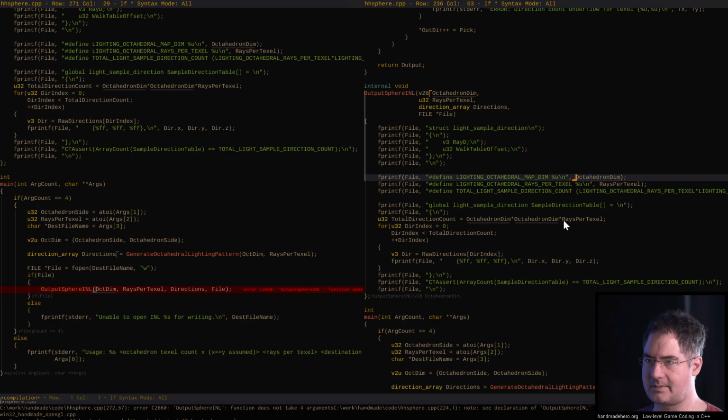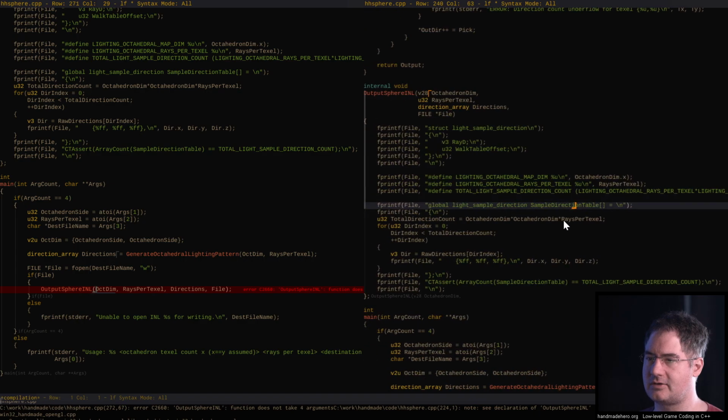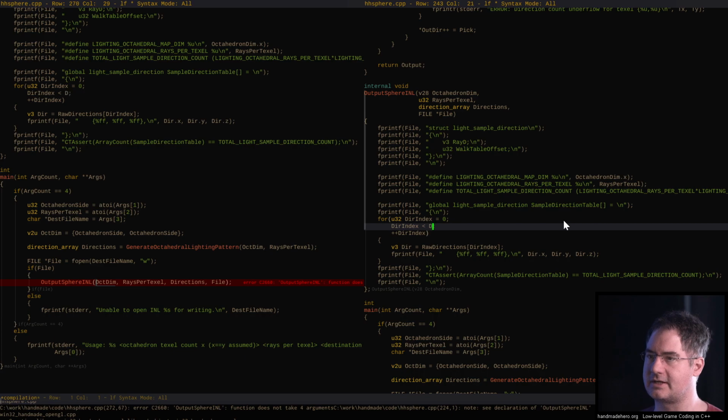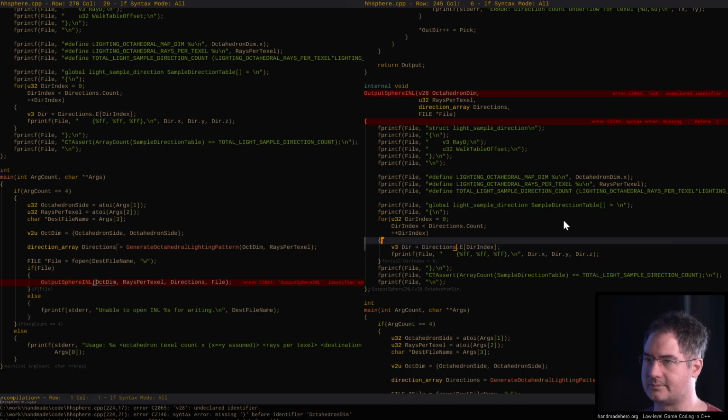We output the mapdim, the rays per texel, and this is going to be only one of them at the moment because we don't support rectangular output. Even though we would properly handle it, we just don't bother, I guess. We then have this thing here do exactly what you would think. The total direction count goes away because I now passed that through properly like I wanted to before. And off we go.